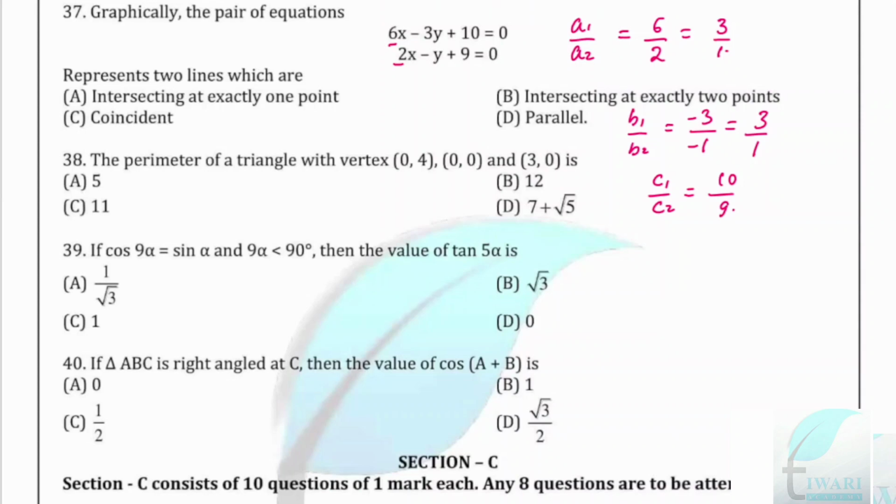Here we can see that a1 by a2 is equals to b1 by b2, but they are not equals to c1 by c2. So this form is for the lines which are parallel. So option D, parallel, is right answer.